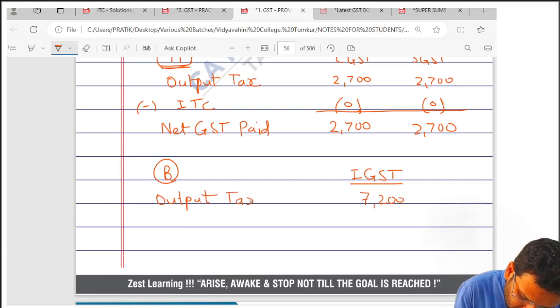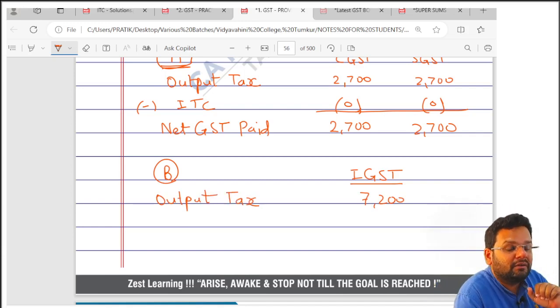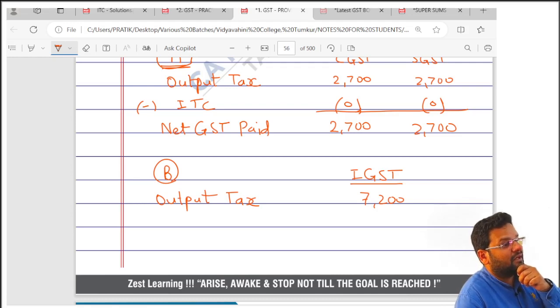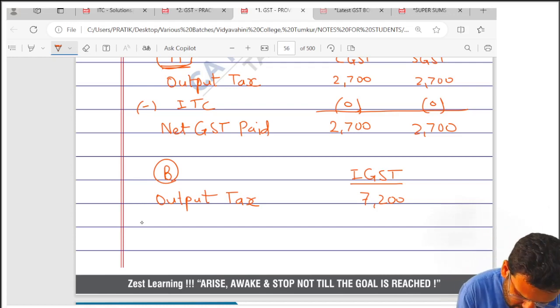Now you have learnt B had ITC of CGST and SGST to the extent of 2,700 each, but he did not have output tax of C and S. So remaining he can use to pay I. So can I use like this?